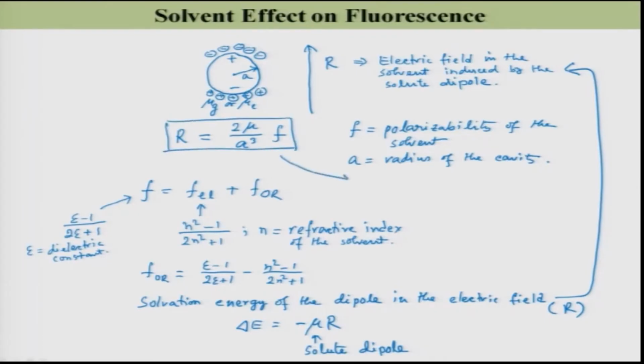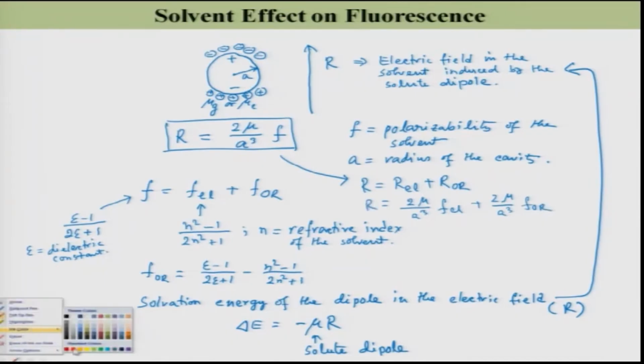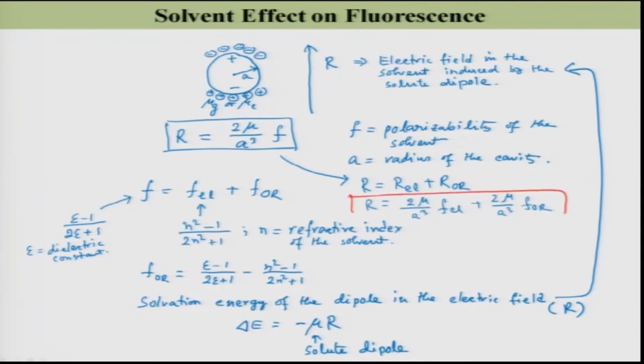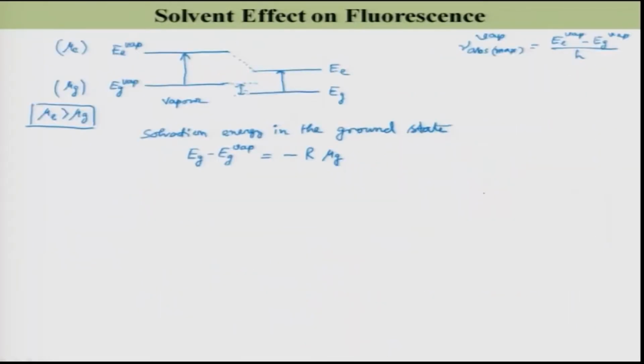So from here I can write R equal to R EL plus R OR, which is equal to 2 mu by a cube f EL plus 2 mu by a cube f OR. So I am going to use this equation from now, and also this one, right. Okay.